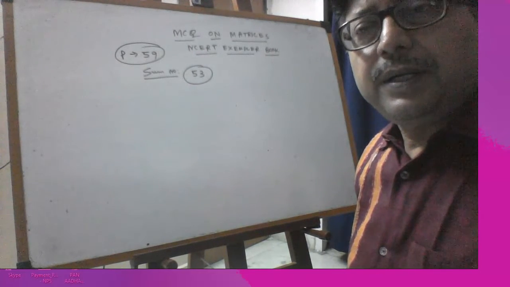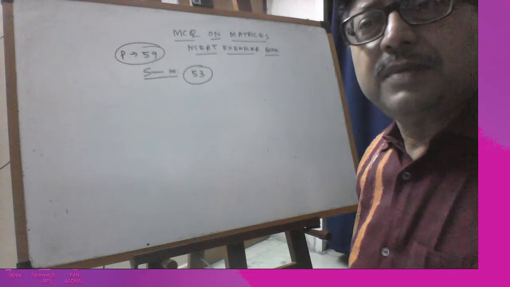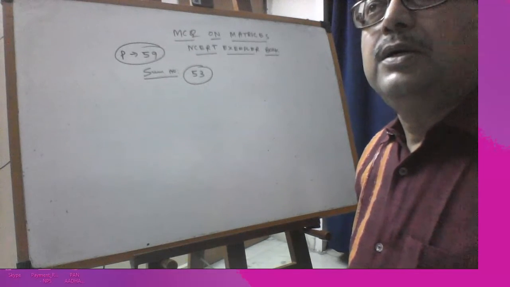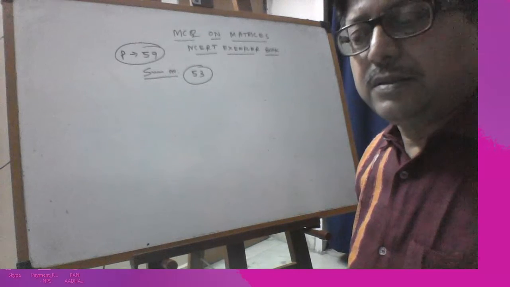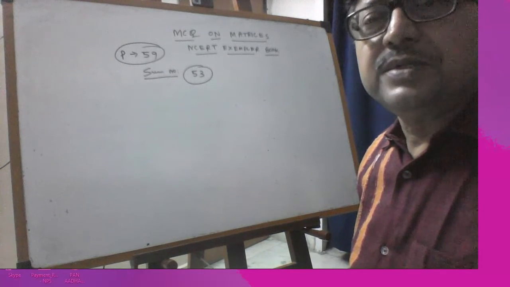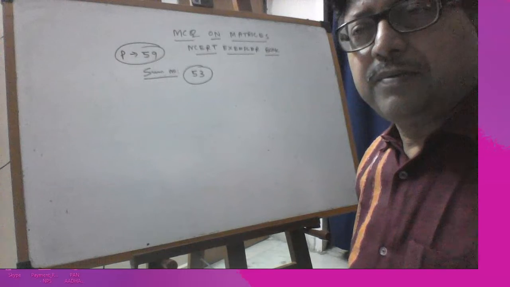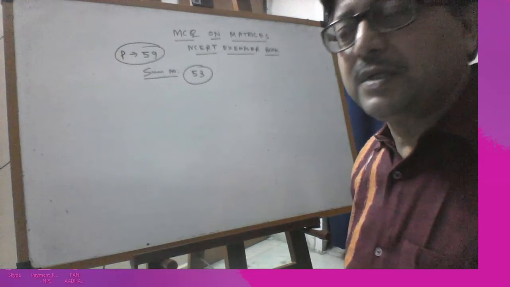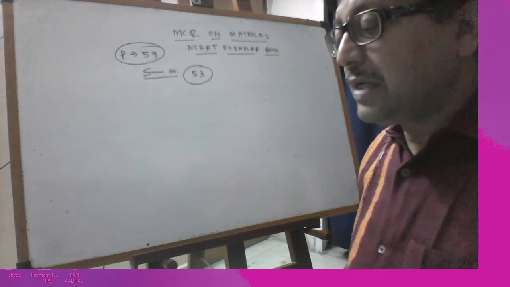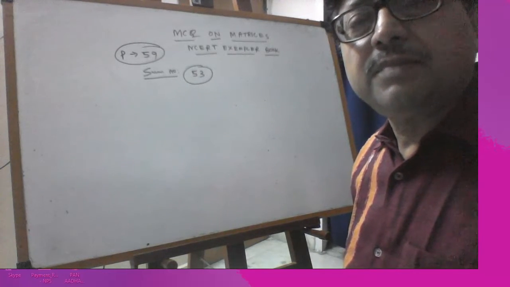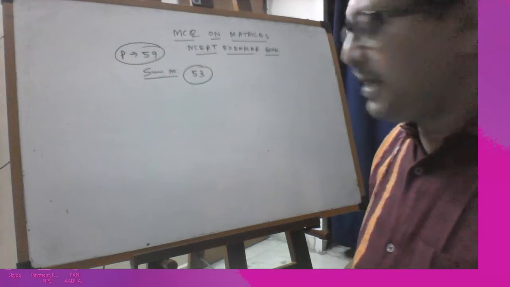We did many descriptive questions from NCERT Exemplar also, so it is justified to start the MCQ questions which you require for your board preparation as well as for all other examinations. So let us start from NCERT Exemplar, sum number 53, page 59.